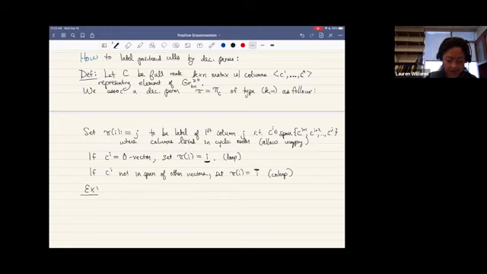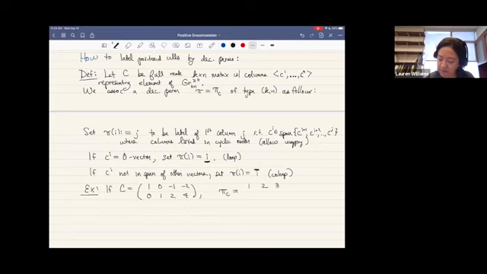So let's do a small example. If C is the following 2x4 matrix, we can first of all check this does represent a point in the non-negative Grassmannian, and pi sub C is going to be a permutation that we will now compute.